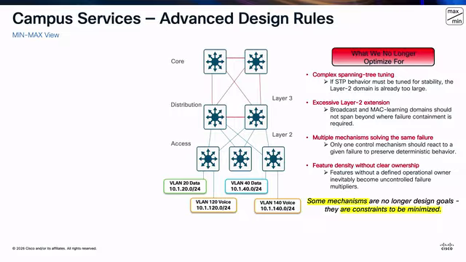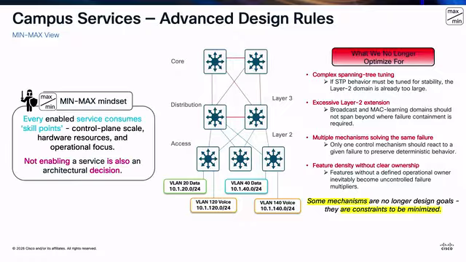Maybe it's worth investing a little more or turning on BFD, bidirectional forwarding detection, that will inform my upper layer protocols like BGP or OSPF faster than their dead timers themselves. Therefore, I can achieve faster reconvergence of the upper layer that I really need to be up and running. So some mechanisms are no longer design goals, but constraints that we have to eliminate from our network.